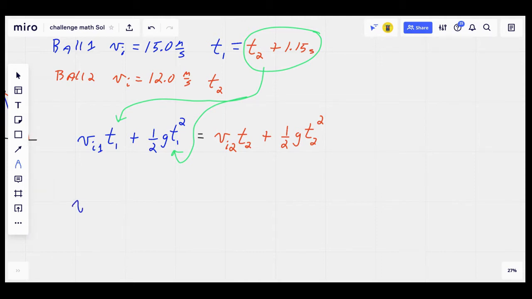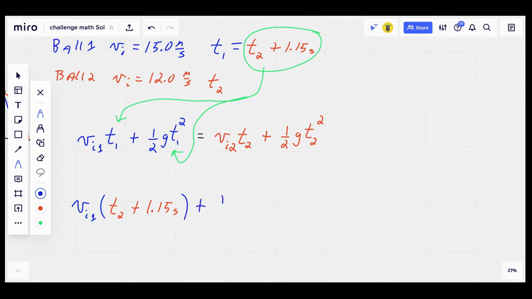When I do that, this is what I'm going to get: V initial 1 times T2 plus 1.15 seconds, plus 1/2 g times T2 plus 1.15 seconds, and that has to be squared.